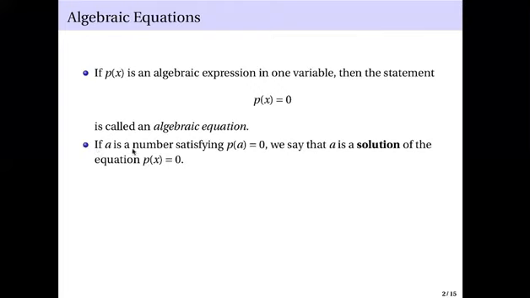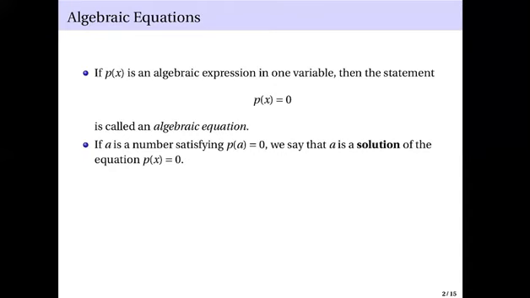Now, if a is a number satisfying this equation, p of a equals 0, meaning we found some number a, and if we substitute it to x in here and we still have the equality, okay, we say that a is a solution of the equation p of x equals 0. So again, in this equation, x is a variable. It can take any number.